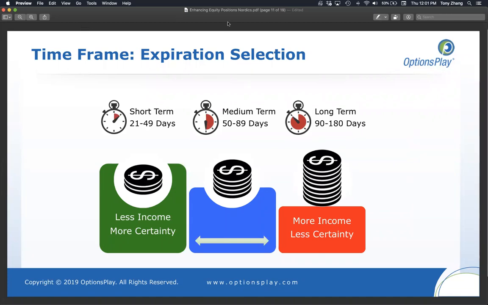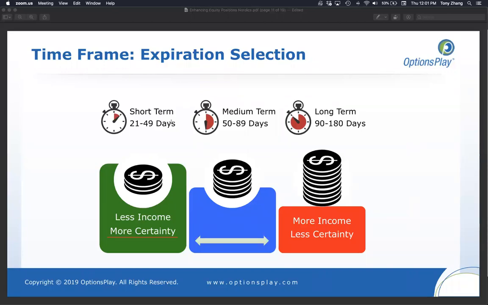Now, what happens when you choose these types of options? Number one, when you use a short-dated option, we have what we call more certainty, because when I choose an option that expires in December or January, I have a fair amount of understanding as to what's going to happen between now and then. Meaning, I generally know if there's going to be an earnings announcement in that time frame.